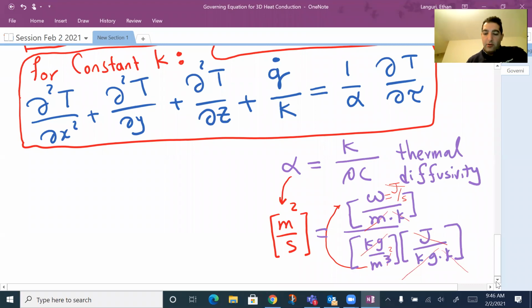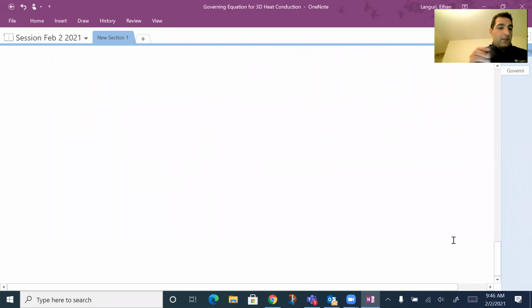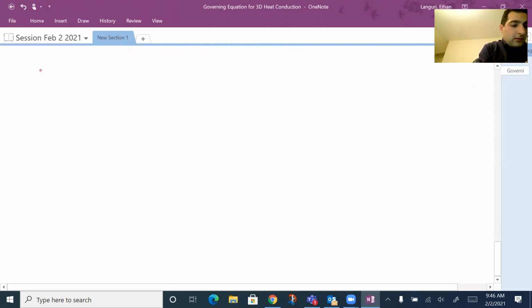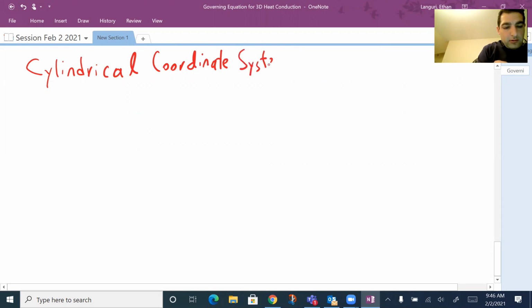Well, in cylindrical coordinate system, same procedure will be applied. We're going to skip that because we already defined those for Cartesian coordinate system.